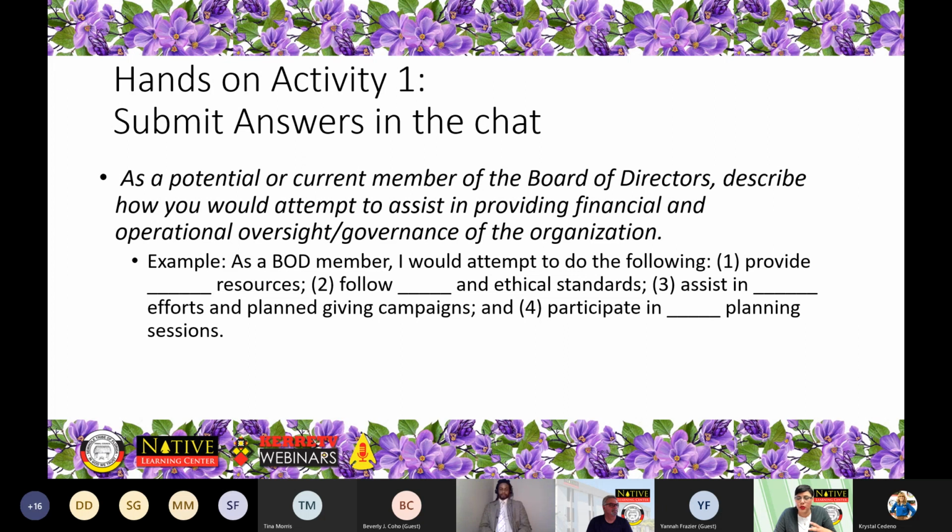We put an example of what your answer should look like, but we want to give you a couple of minutes to think about this and give us in the chat some ideas as to how you would approach this type of situation. Vince, any other thoughts? No, that's exactly right. Give it your best shot and try to fill in the blanks based on the information you've received or your knowledge of being a board member, and then we'll reconvene and talk through some of the potential answers.